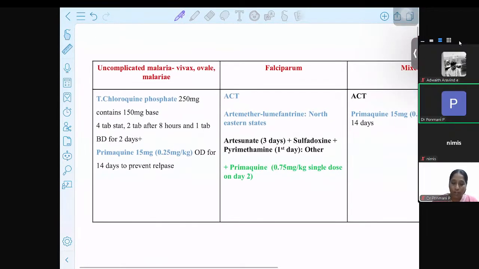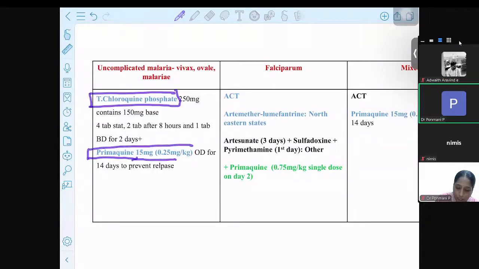So please note, we are dividing malaria into complicated malaria and uncomplicated malaria. If it is uncomplicated malaria due to any species except falciparum, the treatment is going to be chloroquine phosphate, tablet chloroquine. In addition to that, you are going to add primaquine also.